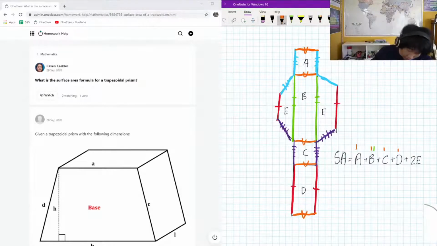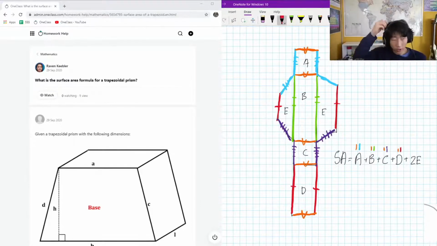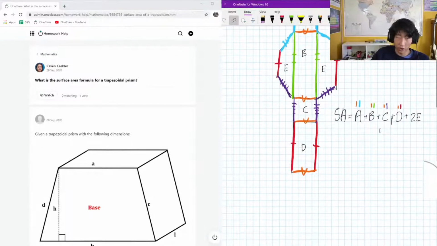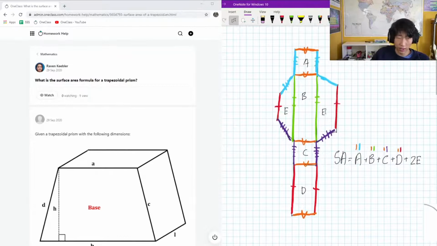A is going to be light blue. C is going to be purple. And D is going to be red. Those are really just rectangles, fairly easy: the length of one of their colors multiplied by the length of their other color. Fairly straightforward.